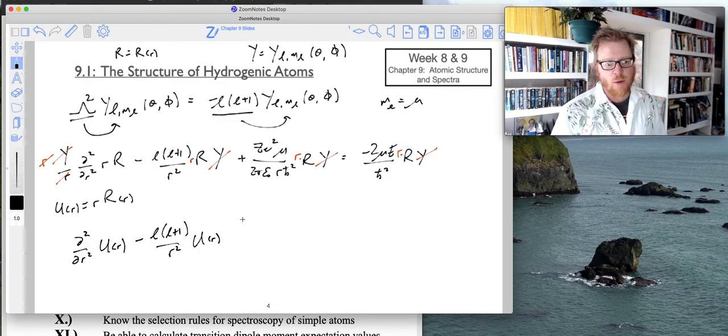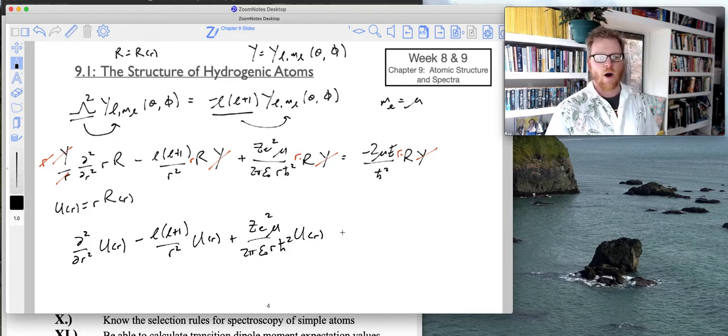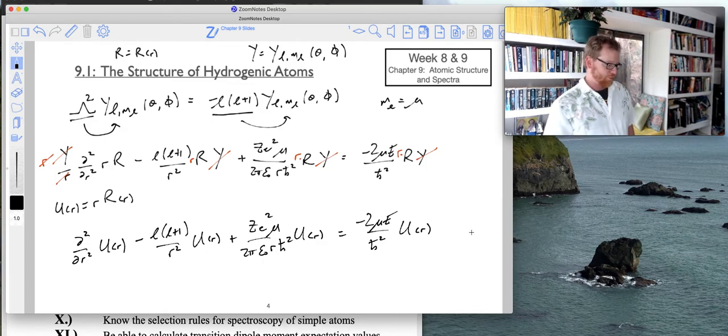Remember, we've eliminated Y. And now that's going to be plus Z e squared mu over 2 pi epsilon r h bar squared. Once again, R times r gives me this new function u of r. And all of that equals negative 2 mu e over h bar squared times u of r.